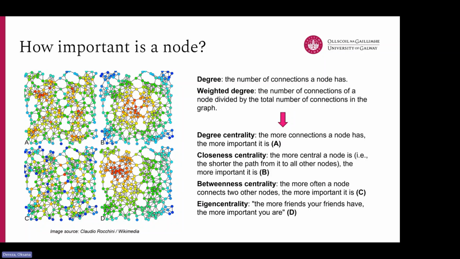But that's not always very representative of the structure of a network we're analyzing. Sometimes it can be more important which nodes are the most central. So not the nodes that have the most connections, but the nodes that connect different communities, different sections of the graph. So we have closeness centrality.